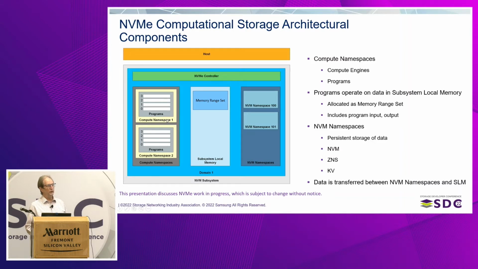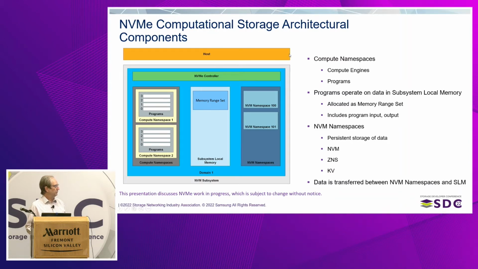A compute namespace is a namespace that is associated with a particular command set. In this case, the command set that it is associated with is the computational programs command set. And within NVMe, each namespace is associated with some command set.